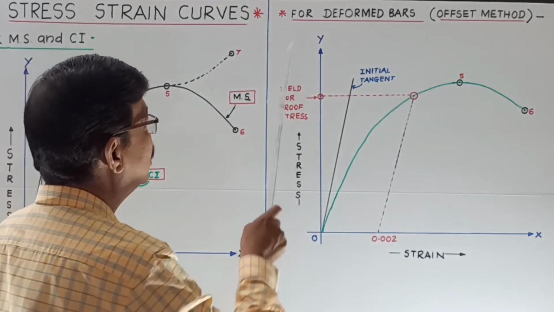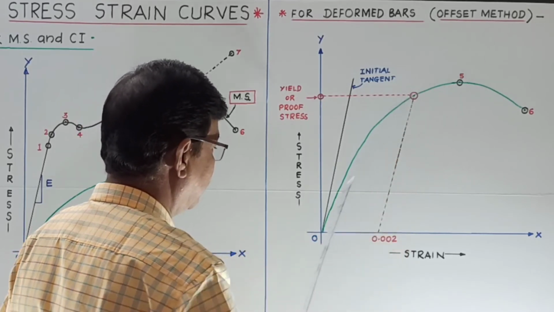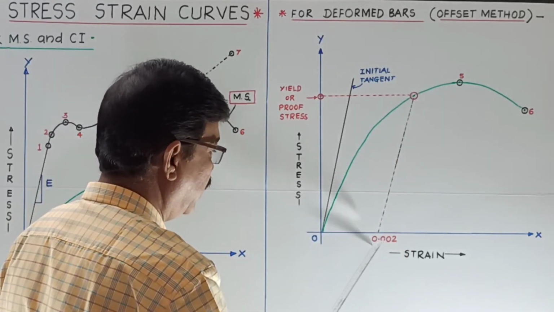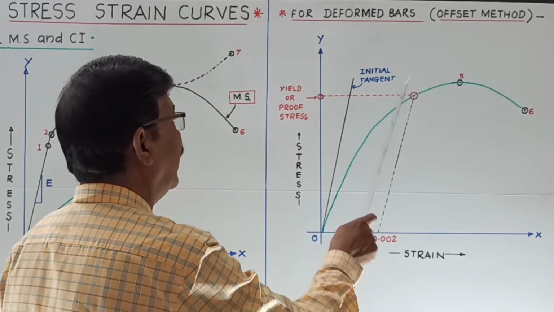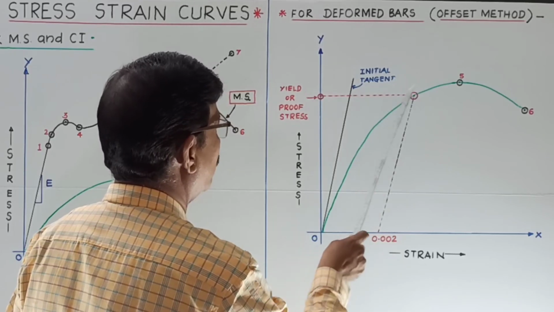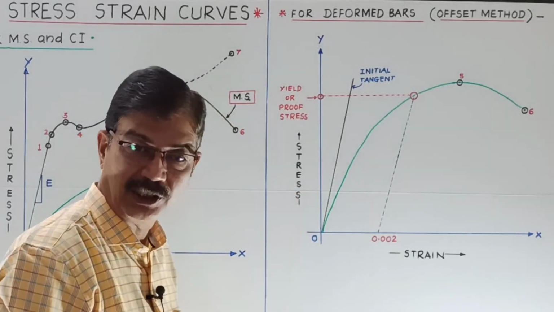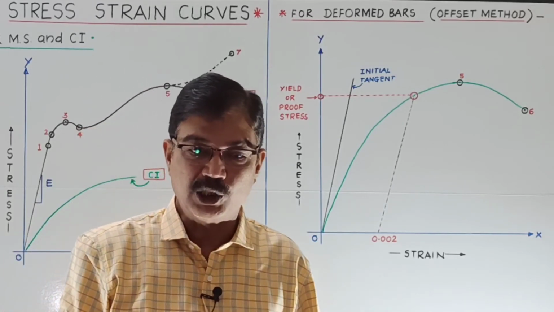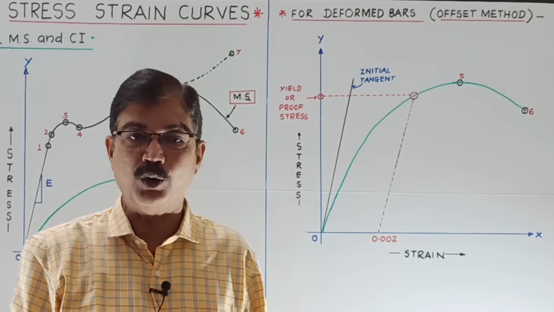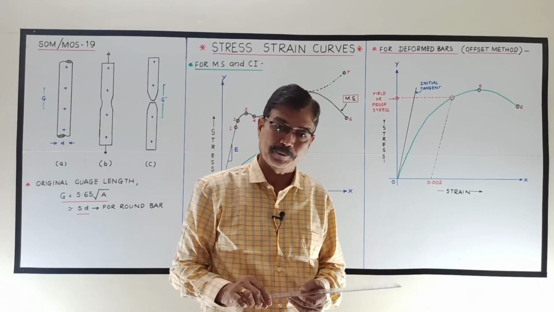So do you understand this? For deformed bars, what is done? This particular method is known as the offset method. An initial tangent is drawn, and an offset is drawn at 0.002, and the stress corresponding to this point is known as yield stress or proof stress. Proof stress is a specific amount of stress corresponding to a specified amount of strain.